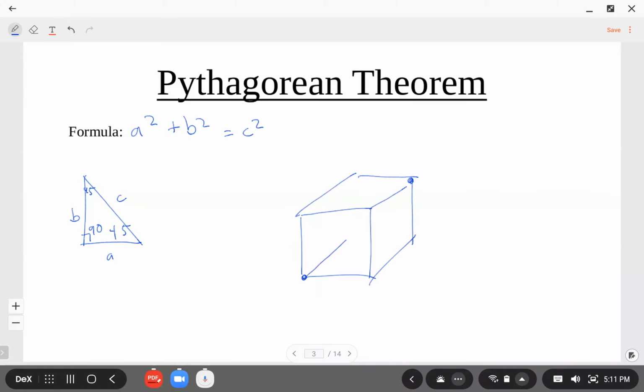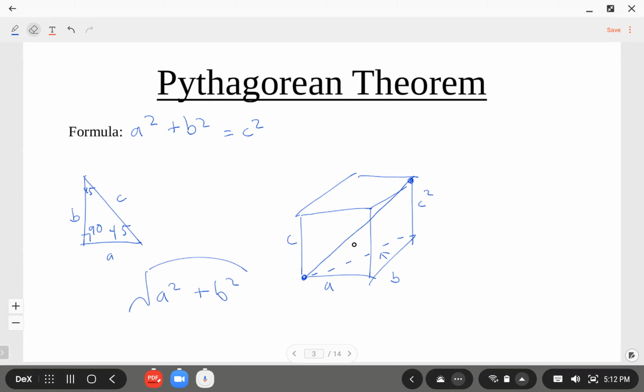You see this 2D triangle in the cube. Basically just use A, B, and C to find the space diagonal. The square root of a squared plus b squared equals this line. And then if you get that line and c squared, which is this side, you can square root that and get this side, which is the space diagonal.